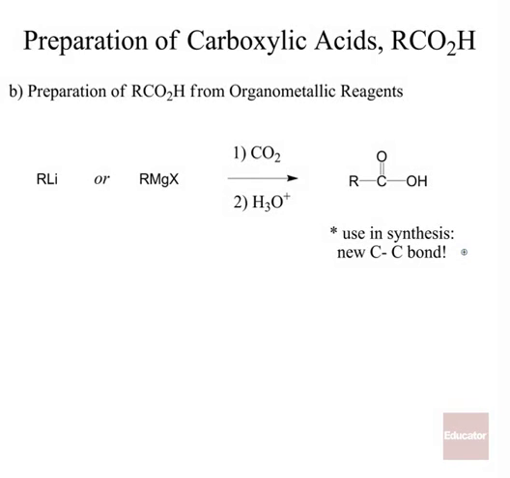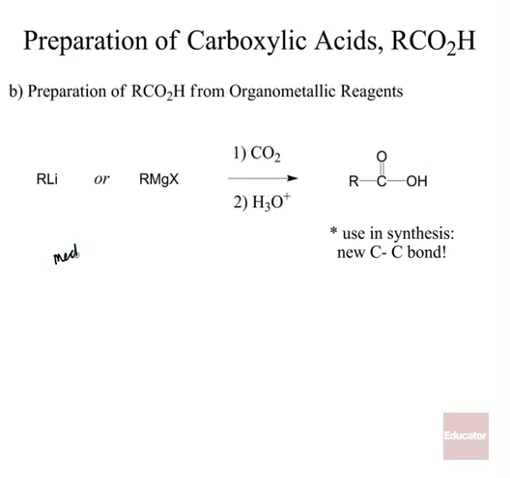We can also use organometallic reagents to create carboxylic acids using either organolithium or Grignard. If we treat those with CO2, with carbon dioxide, we can form a carboxylic acid. Let's take a look at that mechanism.